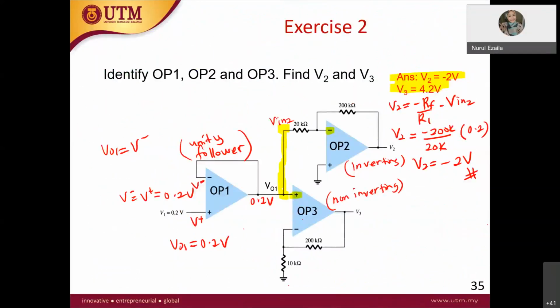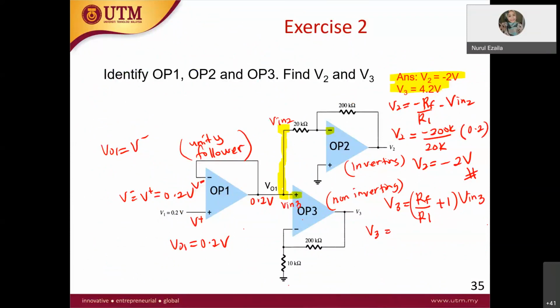So in this case, V3 is equal to RF over R1 plus 1 times V in 3. So your V in 3 is how much in this case? It is 0.2, yes.